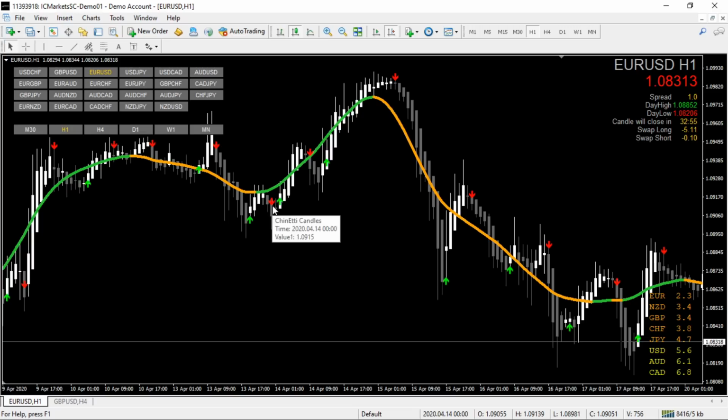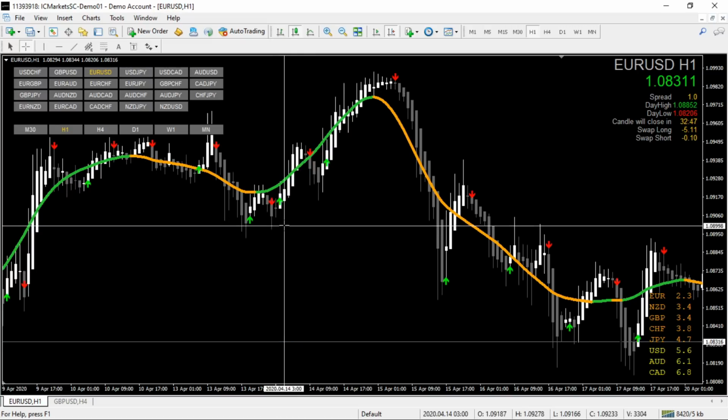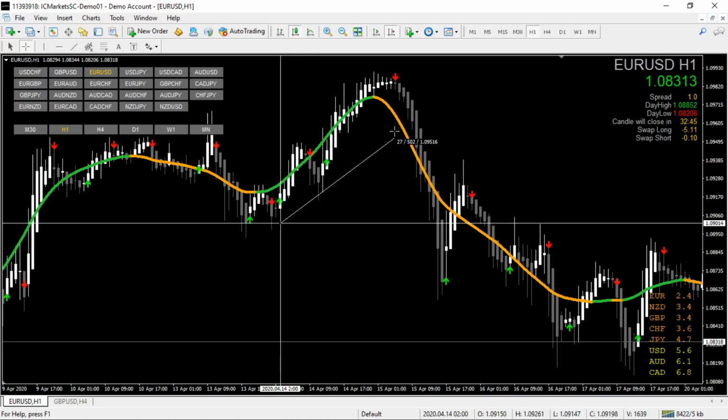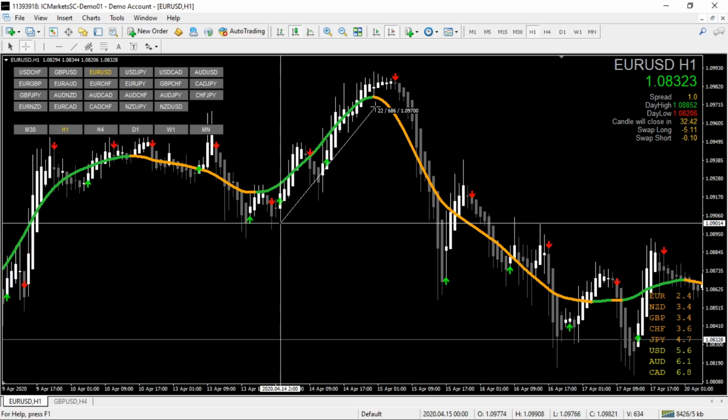Similarly, if you take this buy signal, which is a valid signal, you can collect closer to 60 pips from this trade.